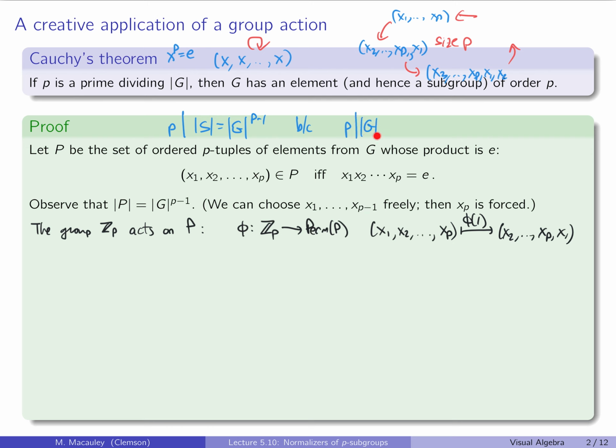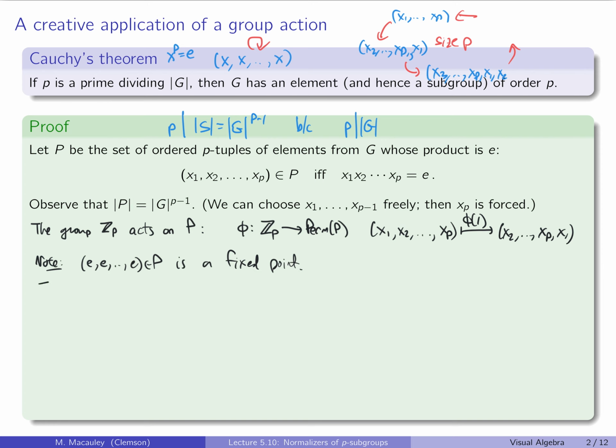So the size of the group is a multiple of p, so the size of the group to some power is a multiple of p as well. Okay, so note that the p-tuple of the identity element is a fixed point.